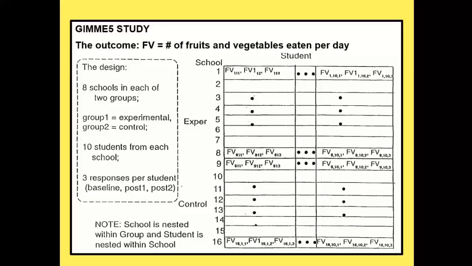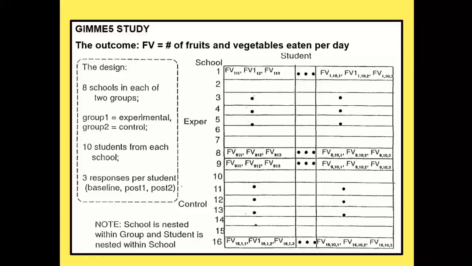Okay, so there were 16 schools. 8 of them got an intervention where there was all sorts of advertisements to eat more fruits and vegetables spread all around the school, and the other 8 schools didn't get anything more than you usually get if you watch television or you just talk to your parents or your friends, who said it's better to eat more fruits. So there wasn't a special intervention for the control groups. Okay, so you had these 2 kinds of schools, intervention and control.